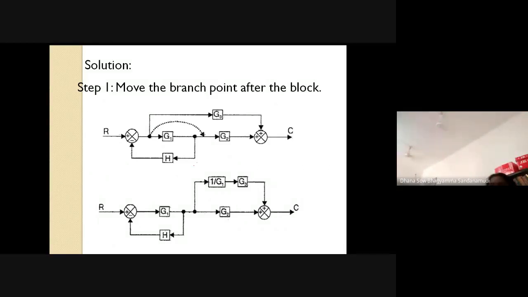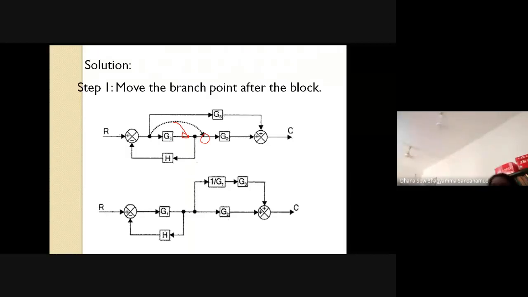Whether this branch point is at this point or at this point, it doesn't matter, because no element is there in between. It is the same.